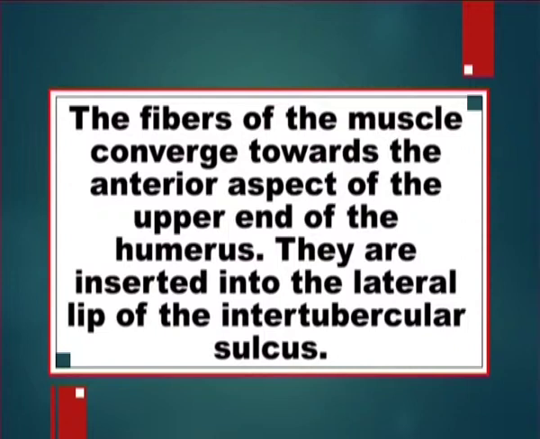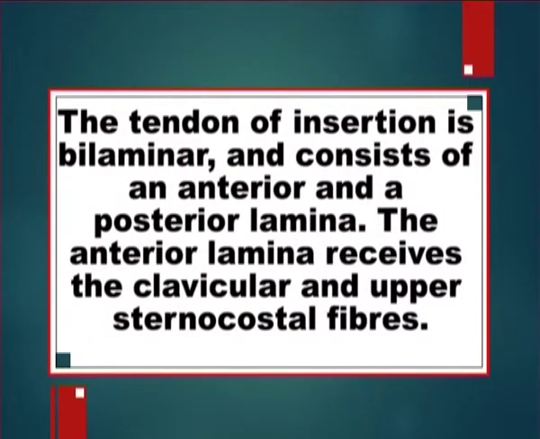They are inserted into the lateral lip of the intertubercular sulcus. The tendon of insertion is bilaminar and consists of an anterior and a posterior lamina. The anterior lamina receives the clavicular and upper sternocostal fibers.